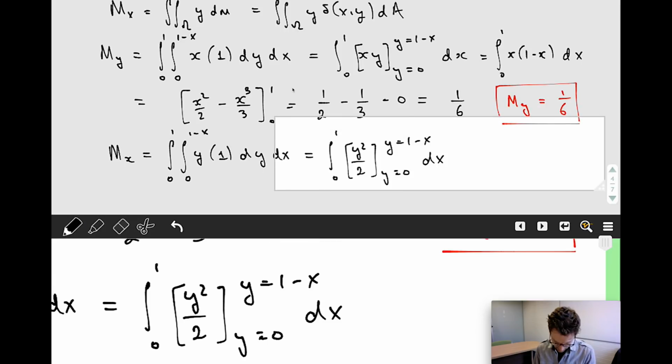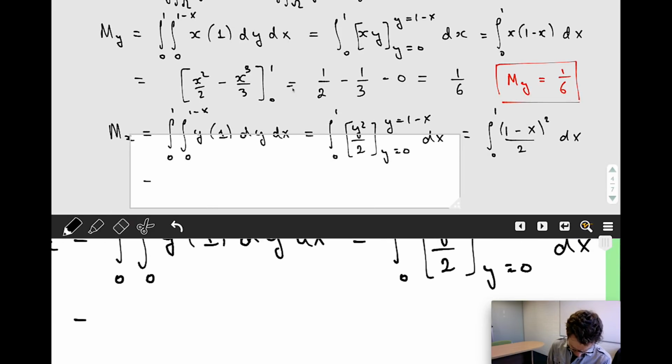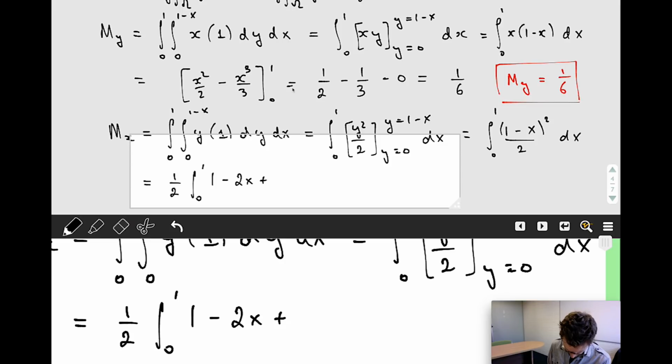dx. Substituting in those limits gives me integral from 0 to 1 of 1 minus x over 2, and that 1 minus x is squared. Take out that factor of 1/2. We're going to get 1 minus 2x plus x squared.